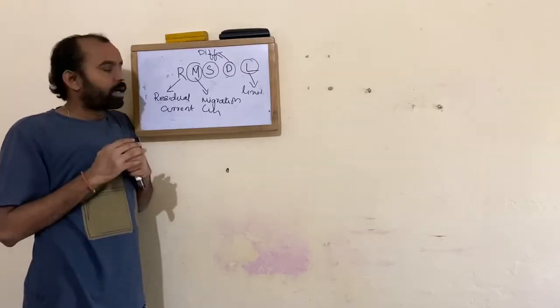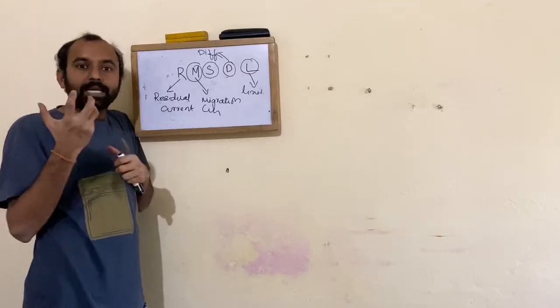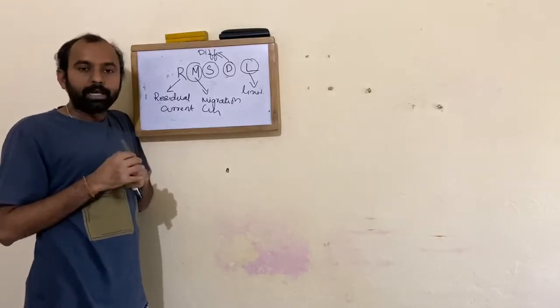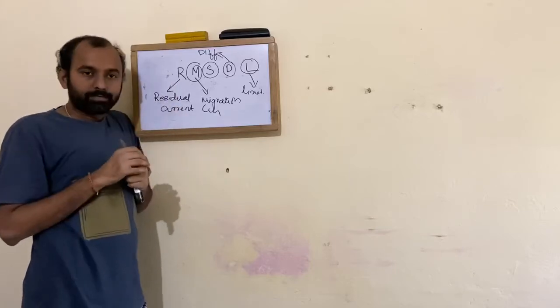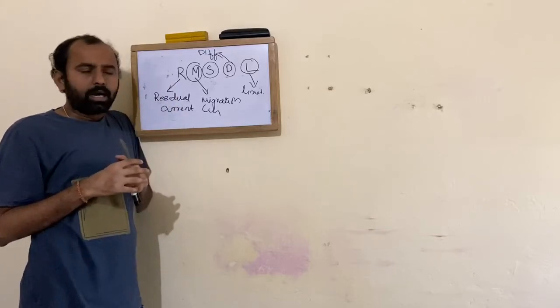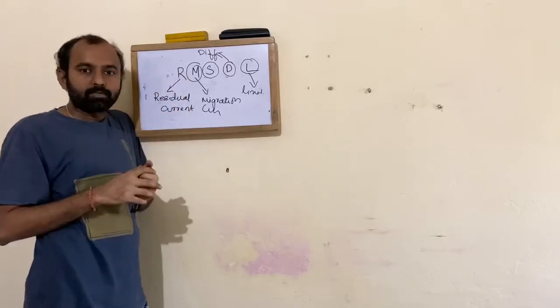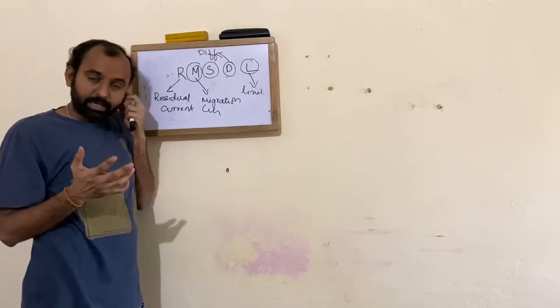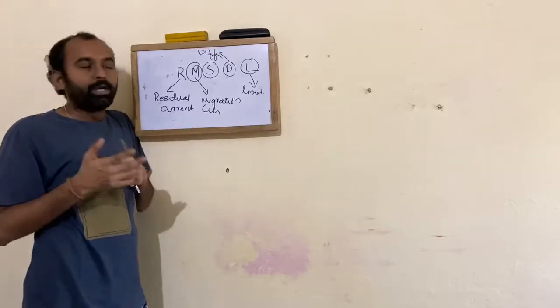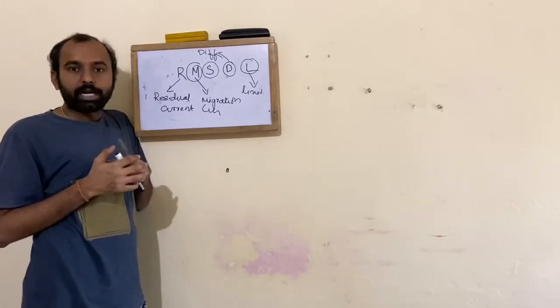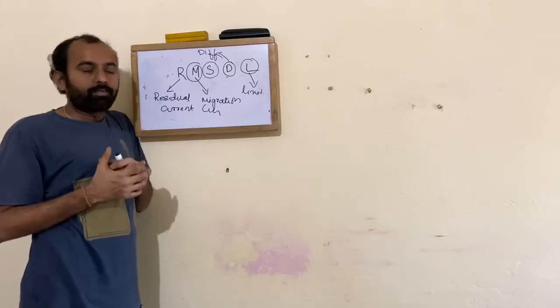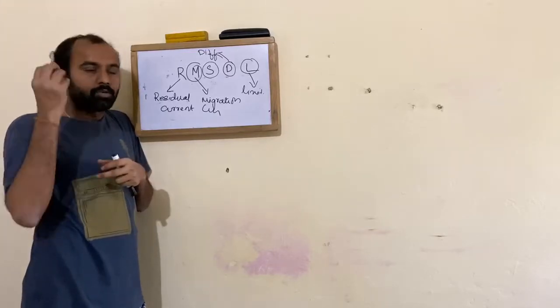So that type of current what you get because of migration of cations onto the dropping mercury electrode is your residual current. So the residual current contains two things. One is your Faradaic current, which is because of your impurities. The other one is because of migration of your cations onto the surface.